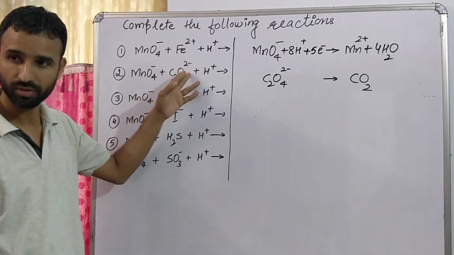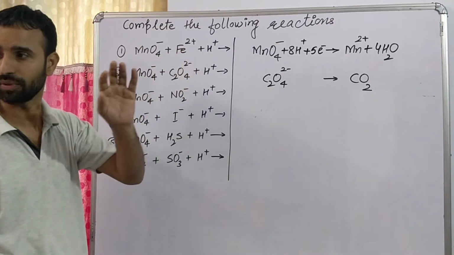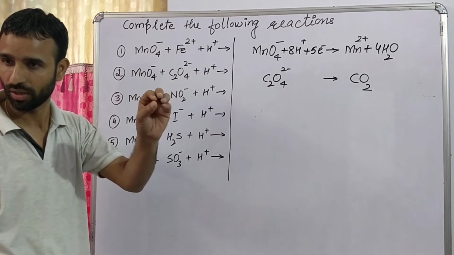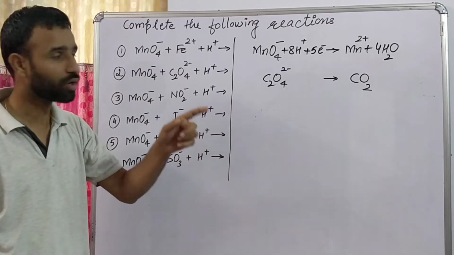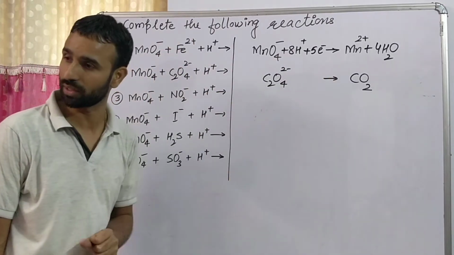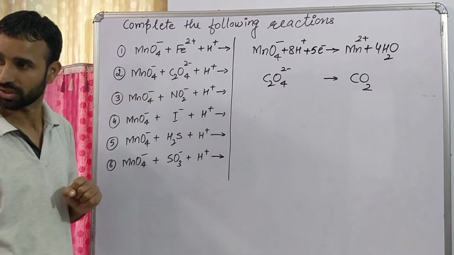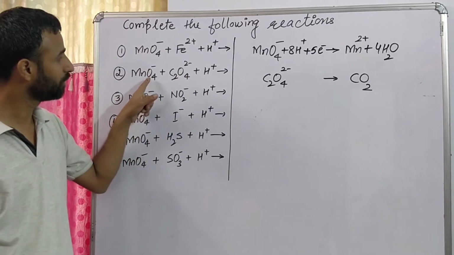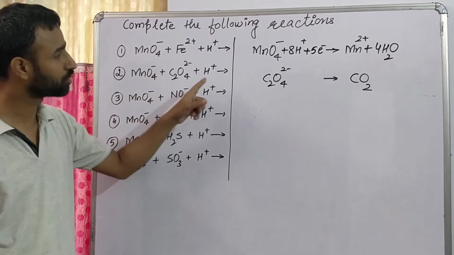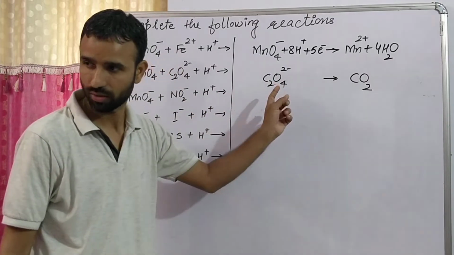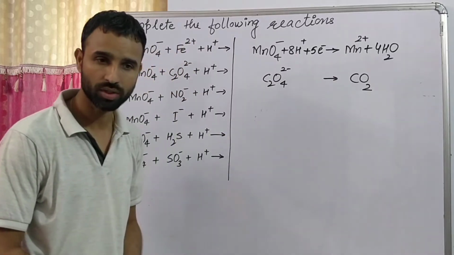Mohr's salt, the double salt ferrous ammonium sulfate, has Fe2 plus, which is oxidized to Fe3 plus. And this is the KMnO4 oxalic acid titration: we heat it somewhat and the oxalate ion is converted into CO2.